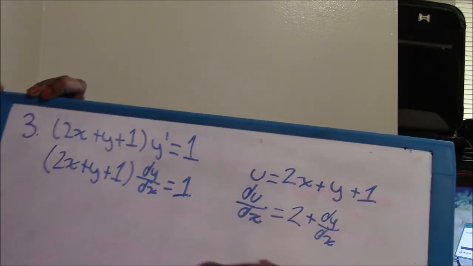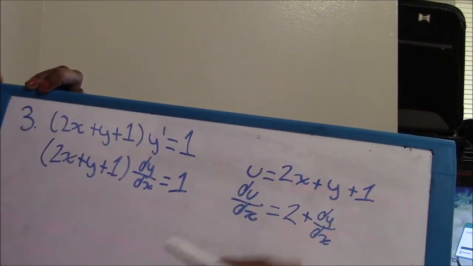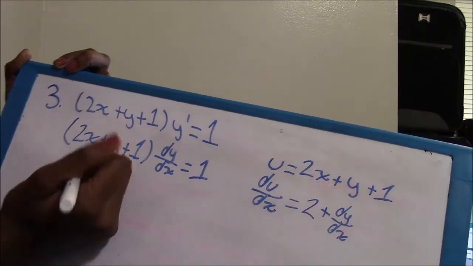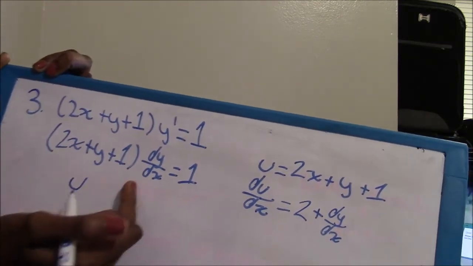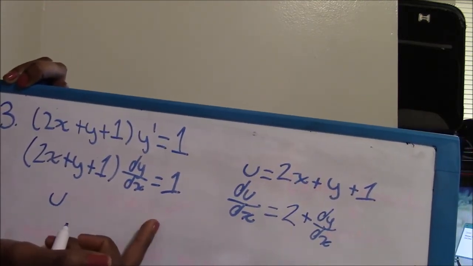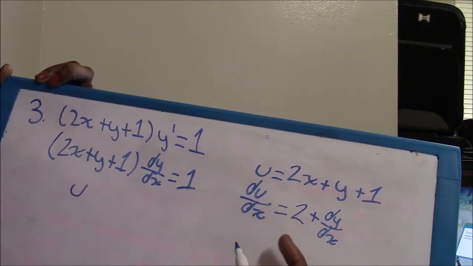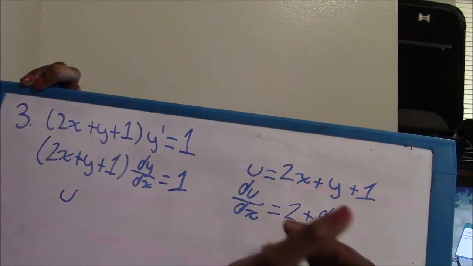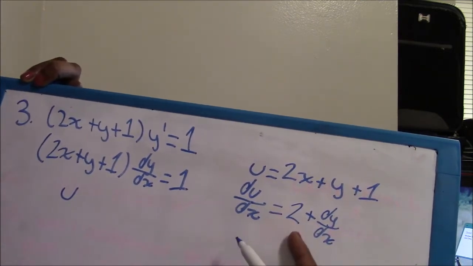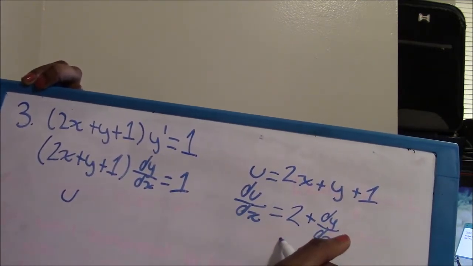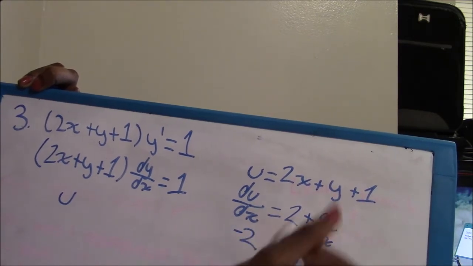So in this case, since we want to substitute everything in, this is already going to be our u, but we don't want our dy dx there. We want it in terms of u. So what does dy dx equal? Well, if we want to get rid of the 2 on this side and find out what dy dx equals, we have to subtract 2 from both sides.